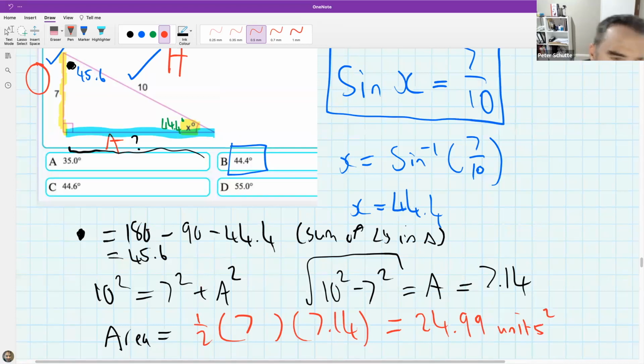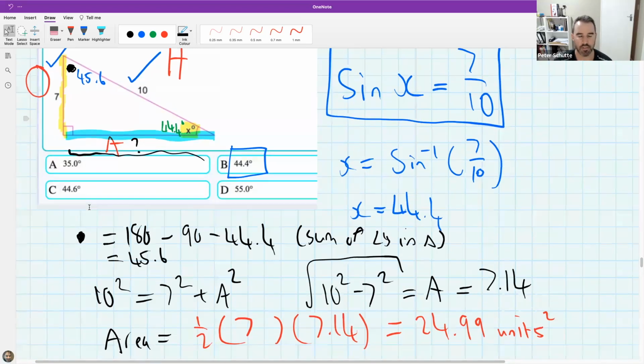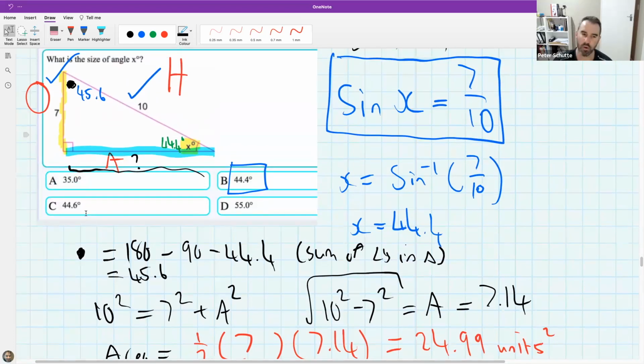Okay, cool. In this topic, we're always going to be looking for either unknown sides, unknown angles, or areas. So is the height always the longest side? It's not. The height and the base are always formed at the right angle.